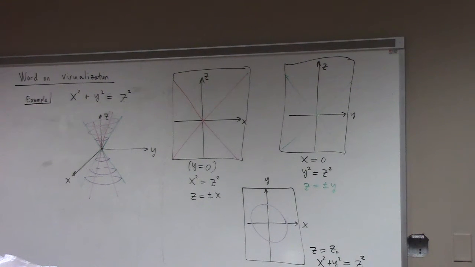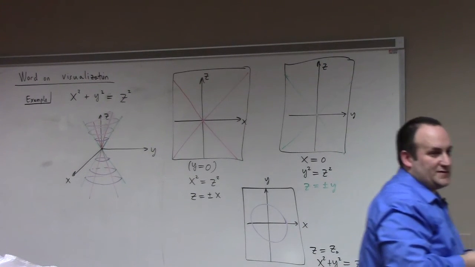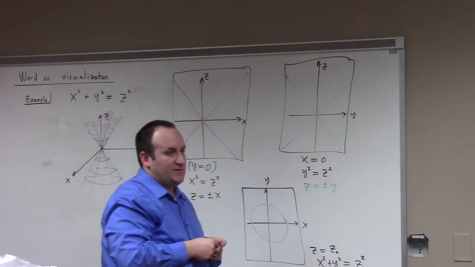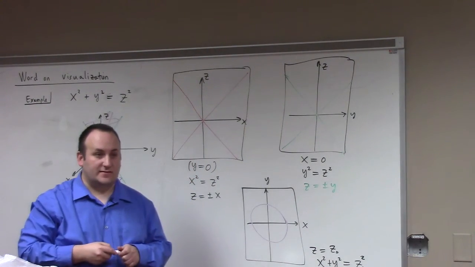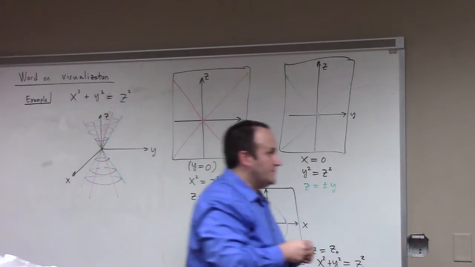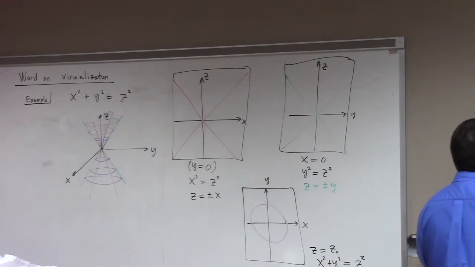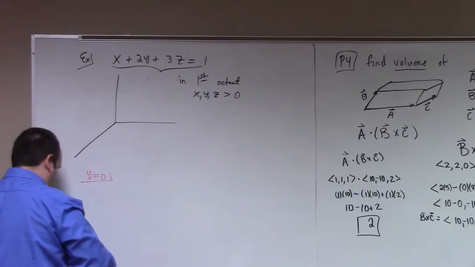But for x, y, z greater than 0, that's where the first octant is. You can ask the question, what does that plane look like when you restrict it to the first octant? It's kind of fun just to look at different cases. For example, y equals 0.